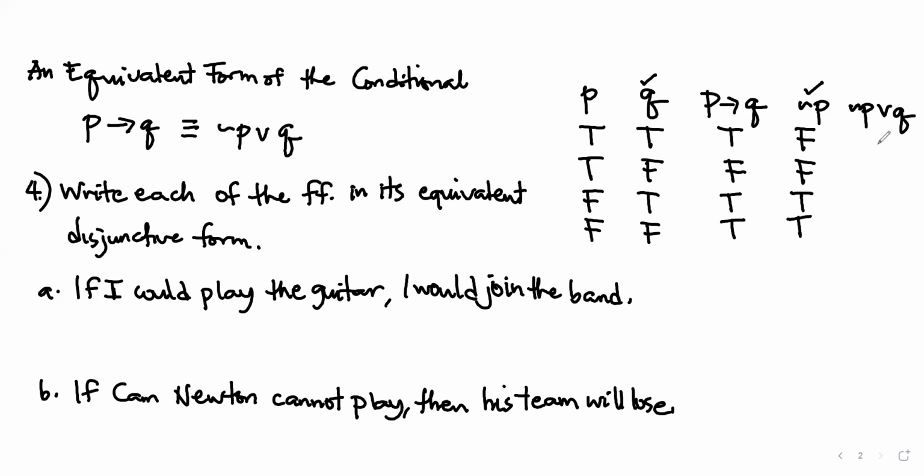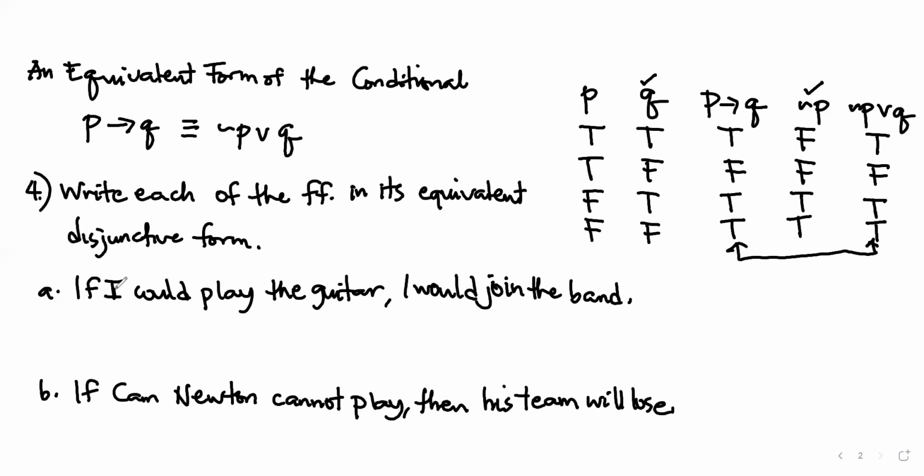False or true, it's true. False or false, that is false. True or true, that's true. True or false, that is true. So P implies Q is equivalent to not P or Q, since they have the same truth values. Alright, so let's have another example.